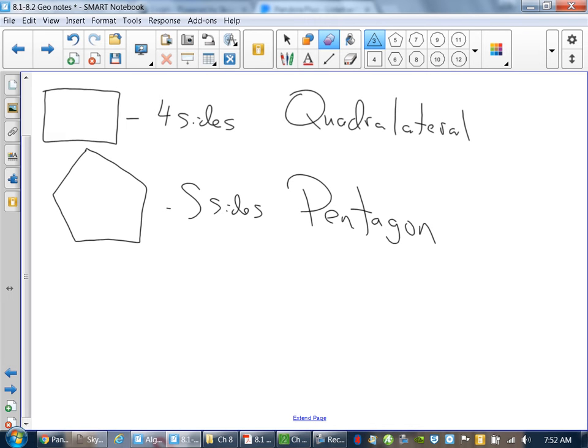The six sides is your hexagon. If you ever go to IKEA, you will hate these little things. Do you need a pen? Okay, let's write something down.